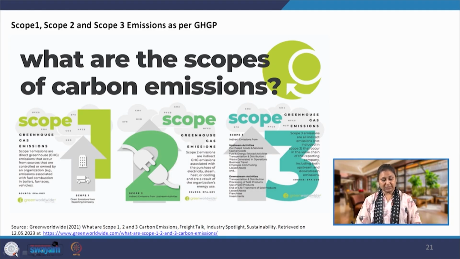Scope 2 emissions are the indirect emissions that are associated with the purchase of electricity or fuel or heating or cooling in the assets which are owned by the company. For example, as an IT company which I was giving as an example, they have a huge office and the electricity that is going to be supplied in that particular building.